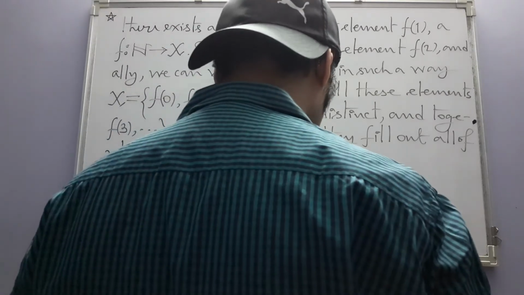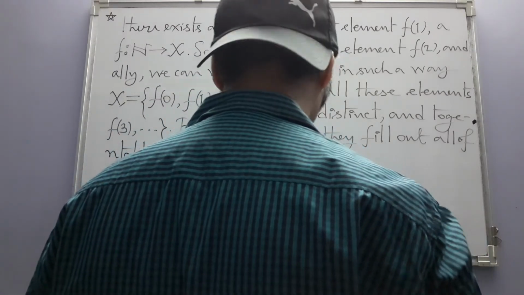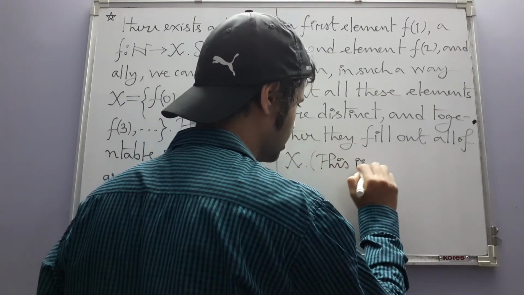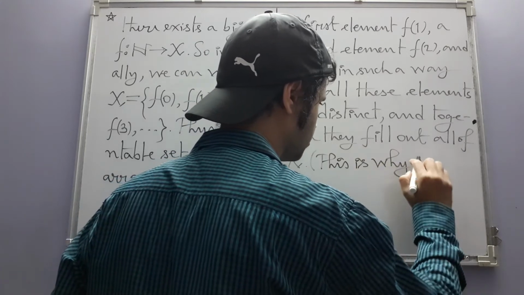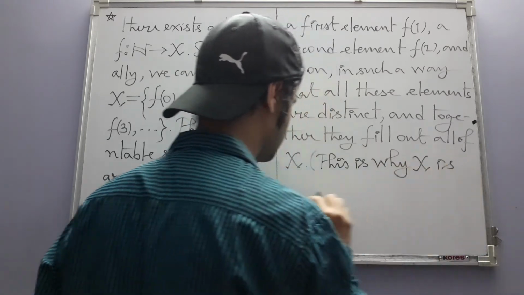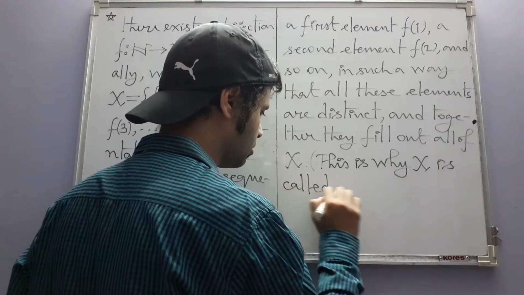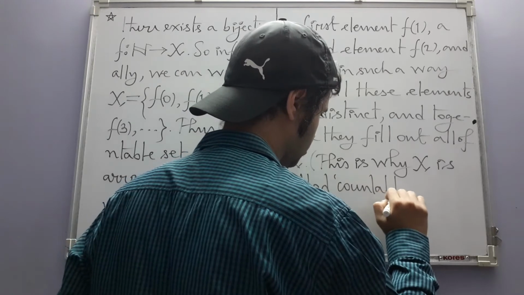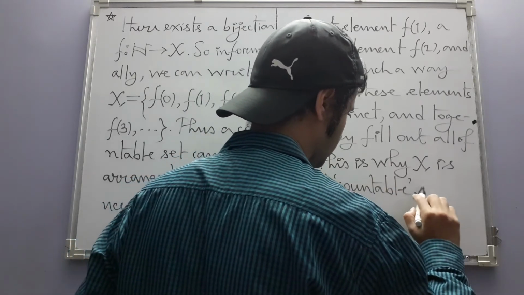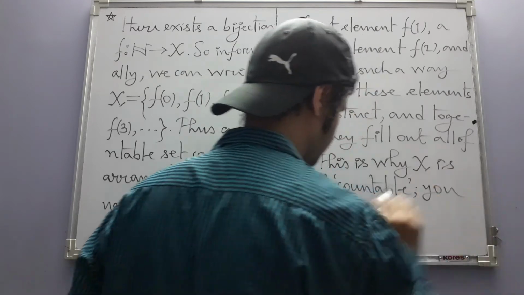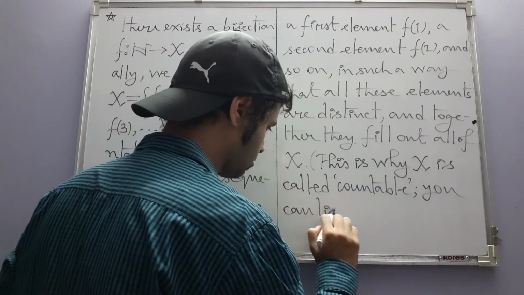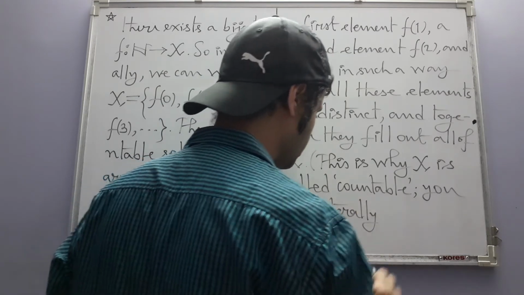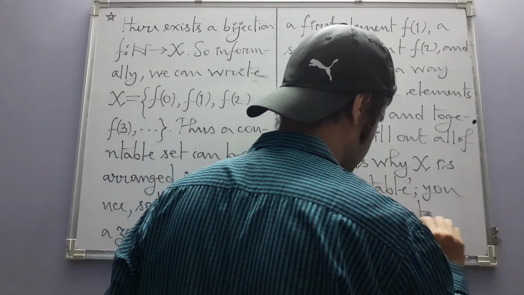And this is why X is called countable. You can literally count the elements.